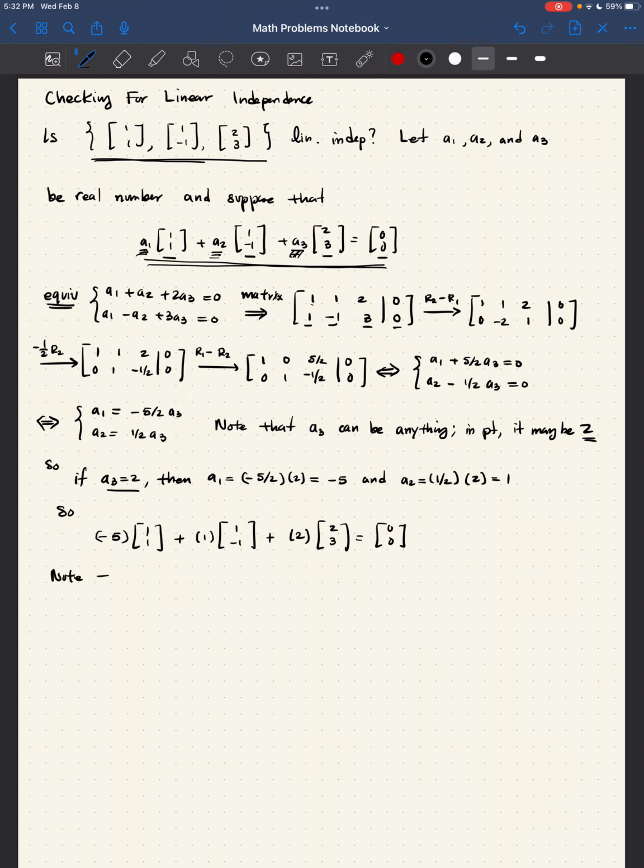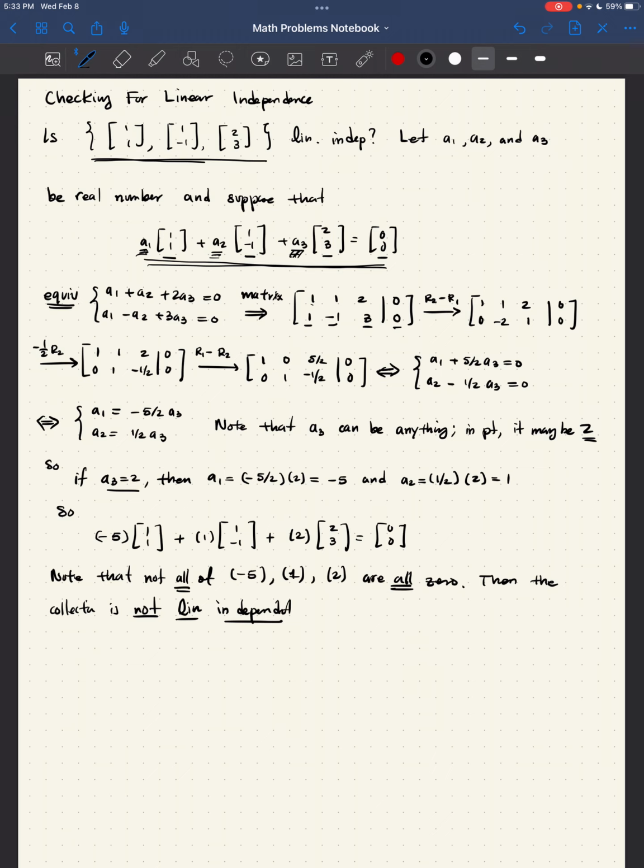Note that not all of -5, 1, and 2 are 0. And I have to stress that part, all. In fact, none of them are 0. Conclusion: the collection is not linearly independent.